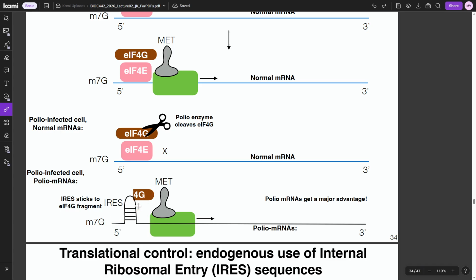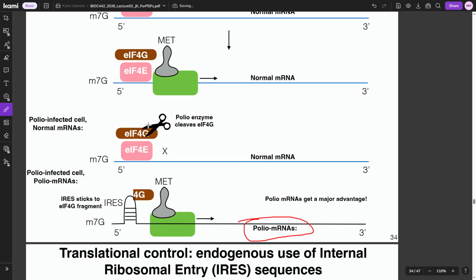Basically, after you've cleaved EIF4G using the polio enzymes, that portion of the EIF4G binds to these entry sites, or these ribosome binding sites, and allows for the recruitment of ribosomes to the polio mRNA specifically.